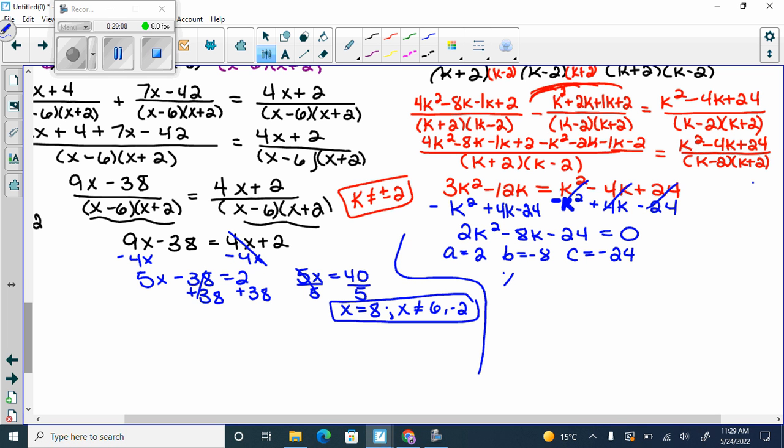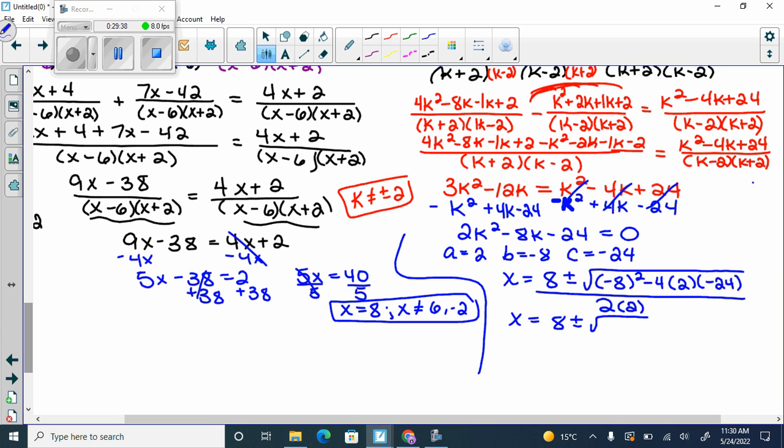So we'll get X equals negative negative 8, plus or minus the square root of negative 8 squared minus 4 times 2 times negative 24, all over 2 times 2. I don't know what that is. 256. Oh, you could have factored this one. 256 is a perfect square, 16.